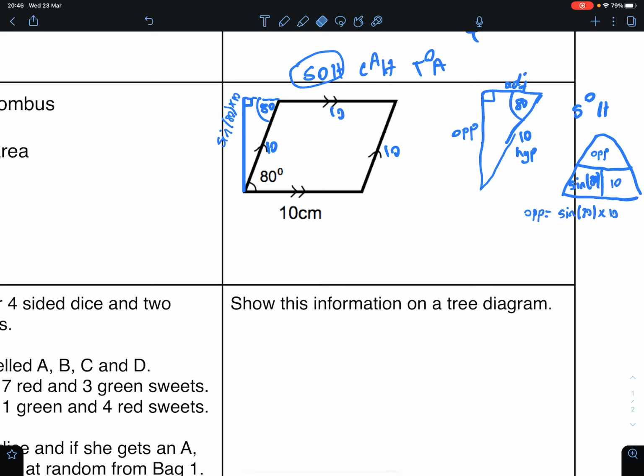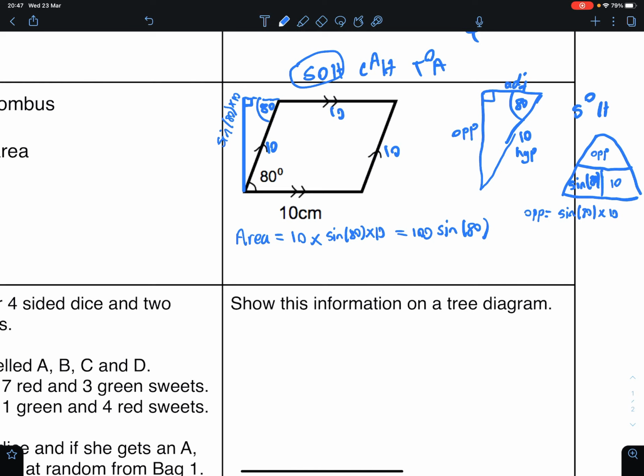So the area is going to be the base, so 10, times by the perpendicular height, which is essentially sine 80 times 10, which is equal to 100 sine 80. Just going to get my calculator and I'm going to work out what that is.